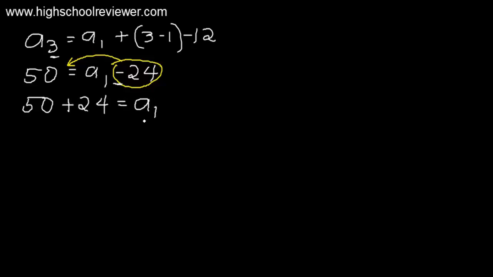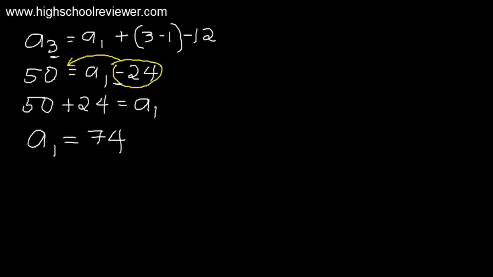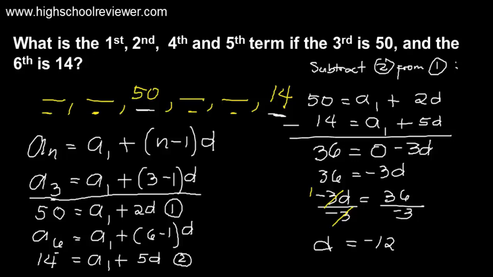So we have 50 plus 24 equals a sub 1. Rearranging, a sub 1 equals 50 plus 24, that is positive 74. So our first term is positive 74.